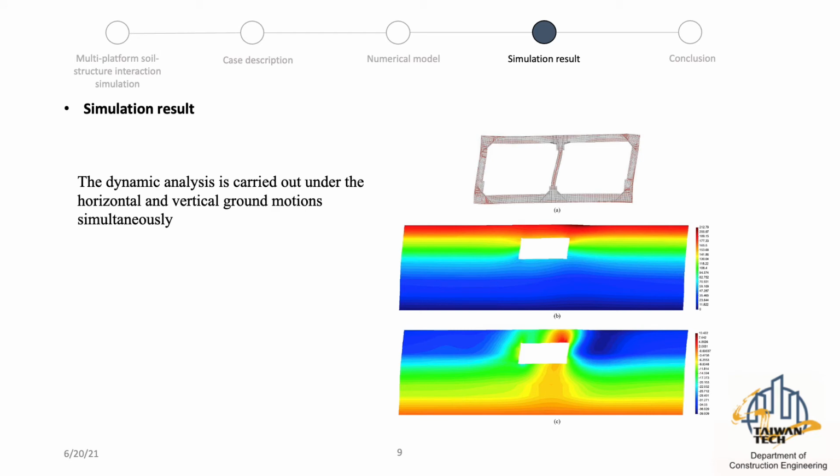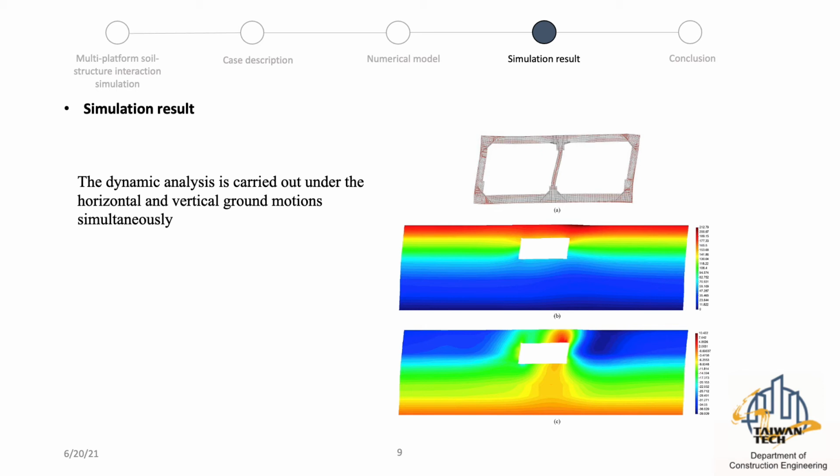And then we come to the simulation results. The dynamic analysis is carried out under horizontal and vertical ground motions simultaneously. The ground motion components are from the Kobe earthquake records at Port Island, vertical array at a depth of 83 meters.